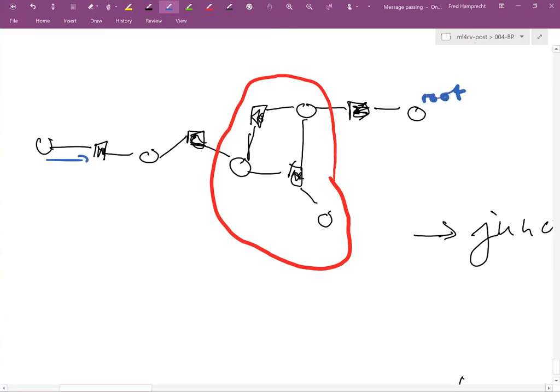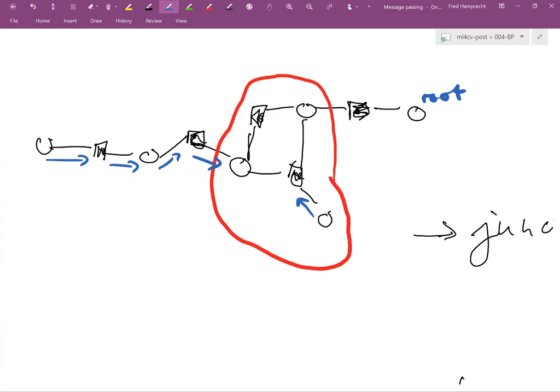I can start sending messages. And this one I can also send. And now I'm stuck because this guy cannot send any further messages because it's missing one input. And this guy can also not send any further messages because it's also missing an input.